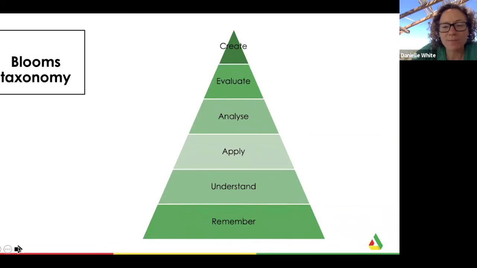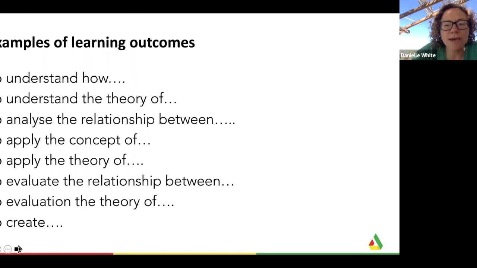And just to give you some examples of how that might work as a learning outcome, it might be that you say: to understand how a particular formula works, to understand the theory of, to understand the relationship between, to apply the concept of, to apply the theory of, to apply the formula of, to evaluate the relationship between two theories, to evaluate the theory of, and to create something new based on that.